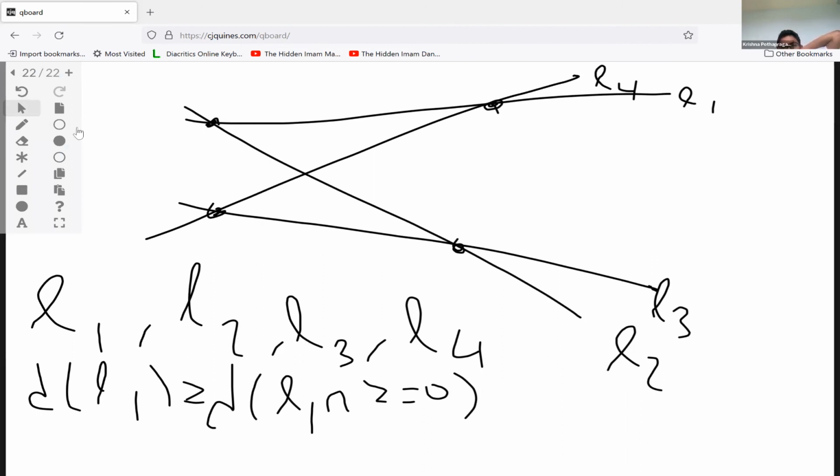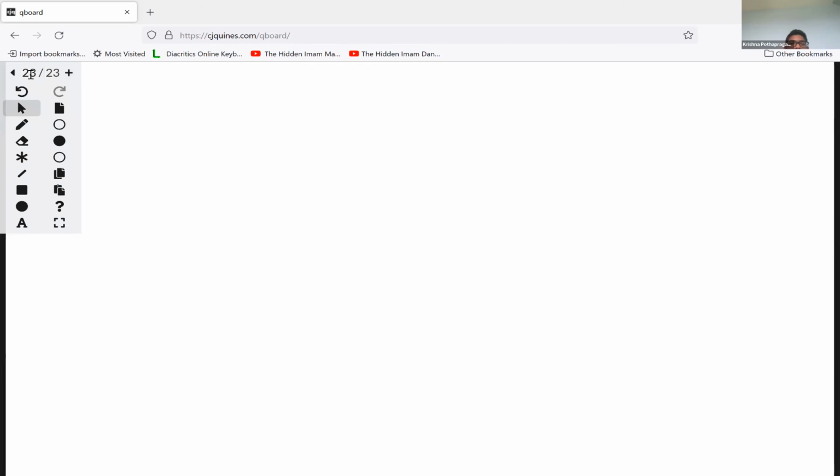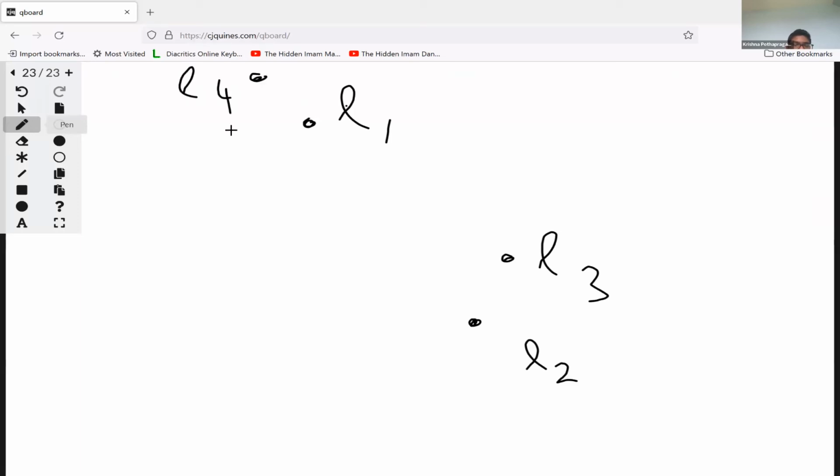So yeah, L1, L2, L3, L4. And we want to show that, we have L1, L2, L3, L4, the points at infinity of each of these lines.